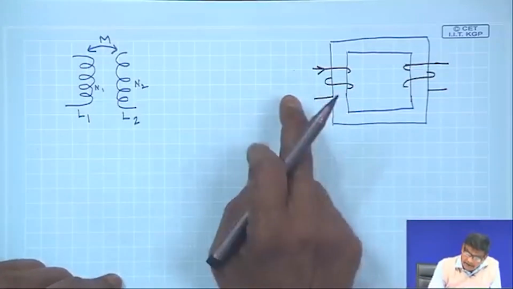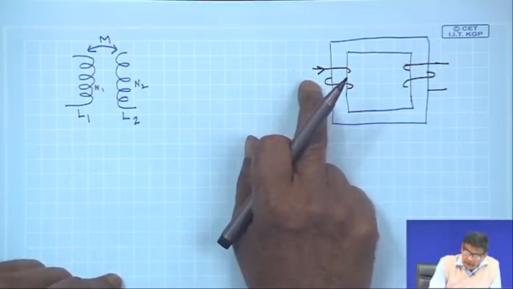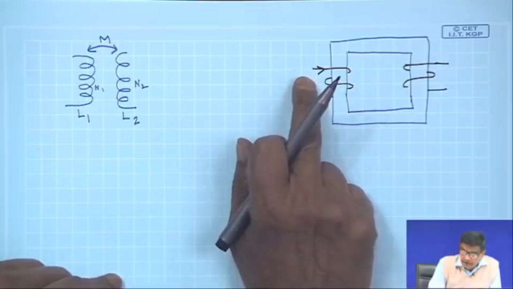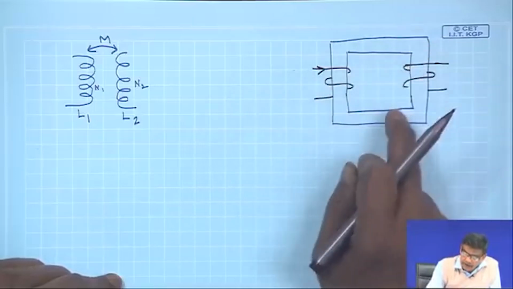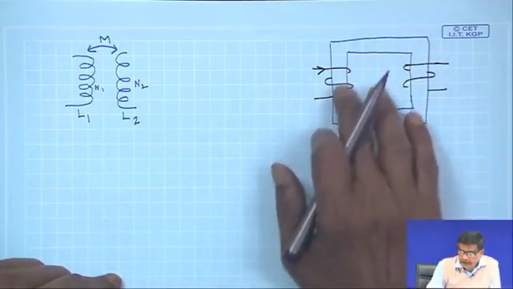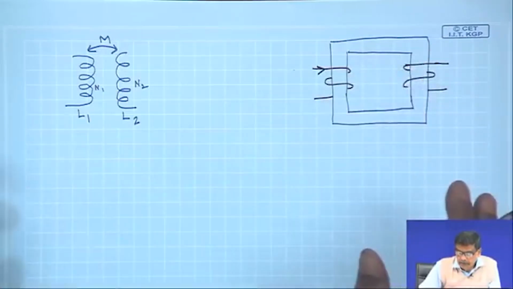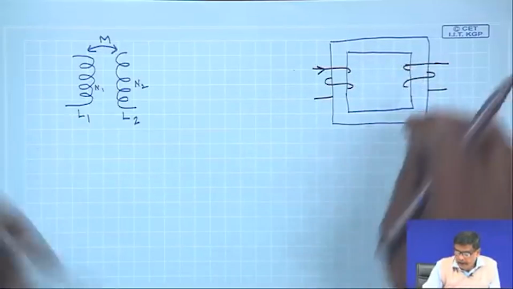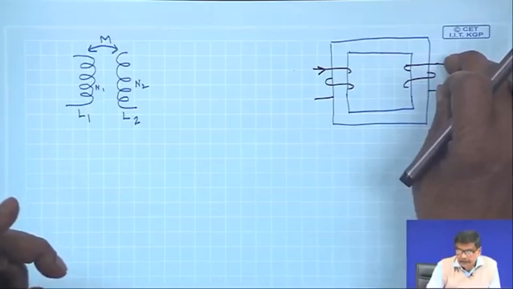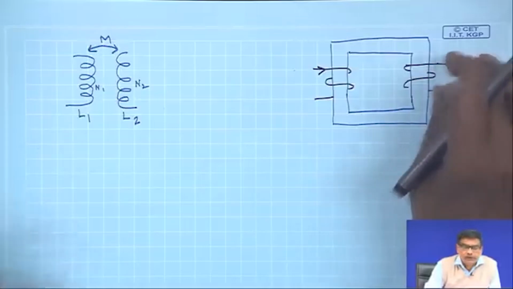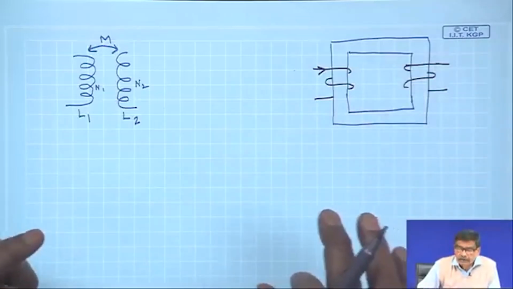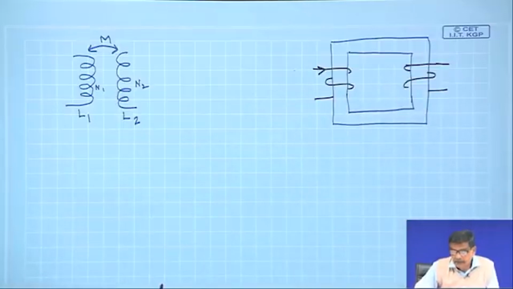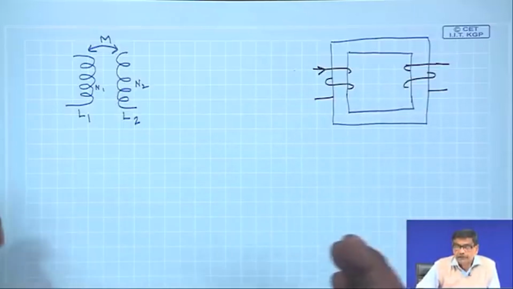If it is a DC current, there will be a mutual flux of constant value and a leakage flux of constant value, and across the secondary terminals you will not get any induced voltage, because those fluxes will be fixed with respect to time.